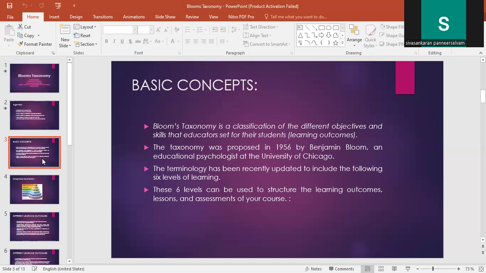He is an educational psychologist. He experimented with the different psychometric learning potential of students. According to the different learning caliber of the students, he defined the 6 levels of learning platforms in classroom teaching and learning method.